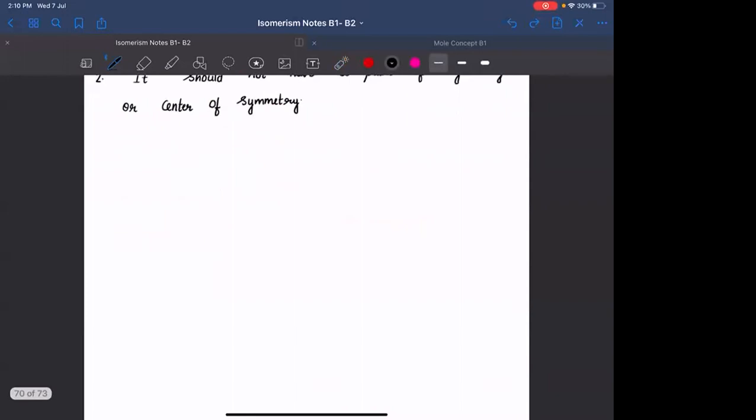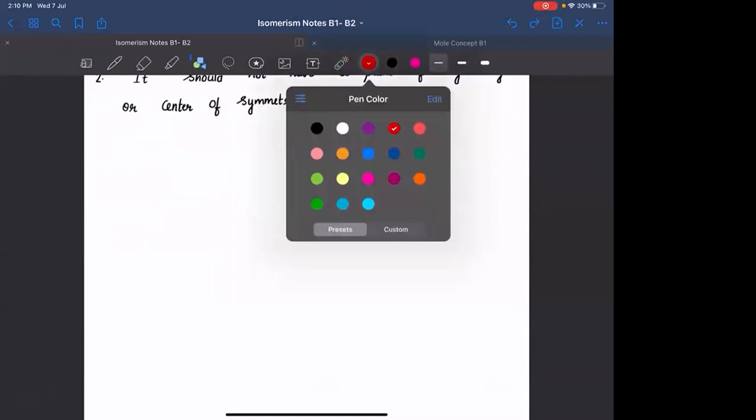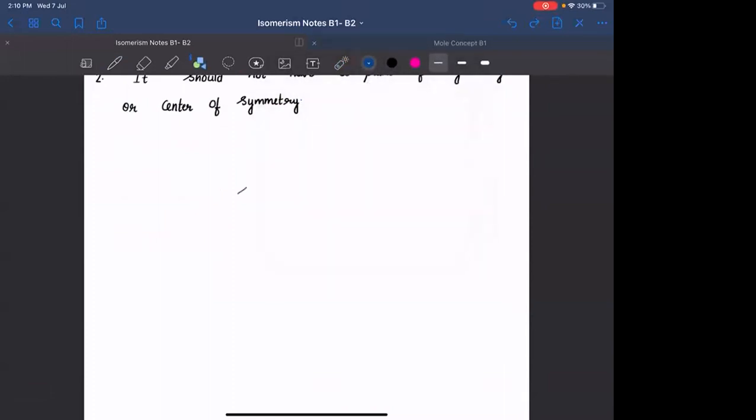Suppose if I'm taking this molecule, okay, I'm taking two groups.